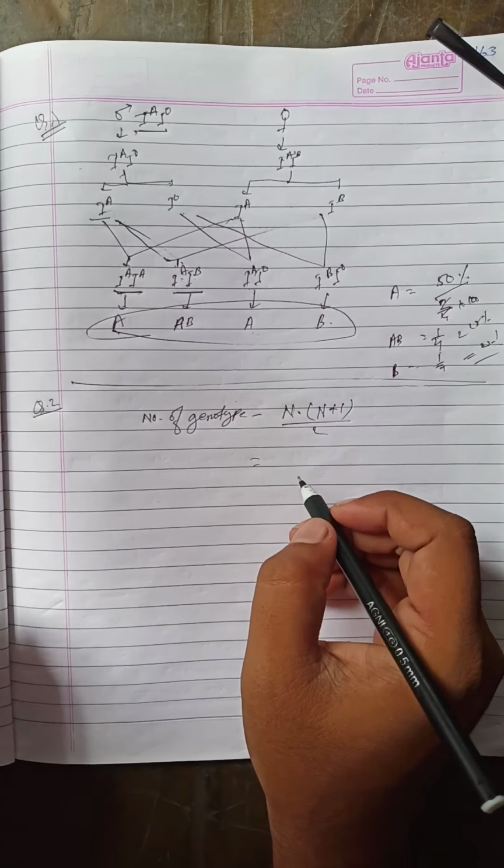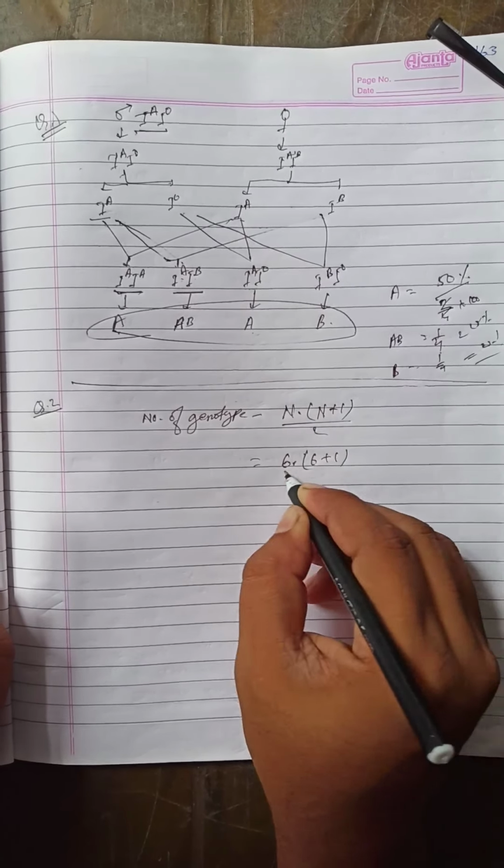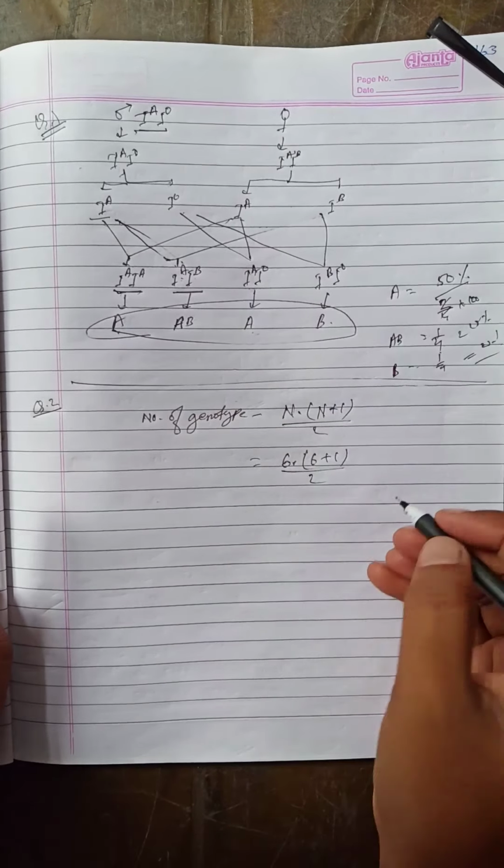The 6 alleles are represented as one set. That means 6 into 6 plus 1 by 2, which is 6 into 7 by 2. It is very simple: 7 times 3 is 21. So 21 will be the number of genotypes.